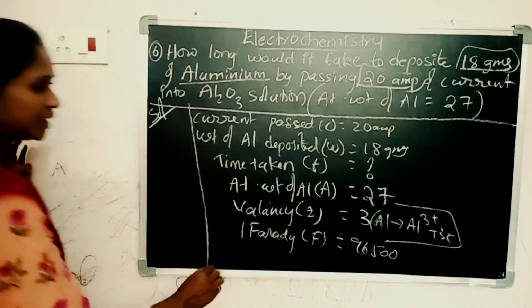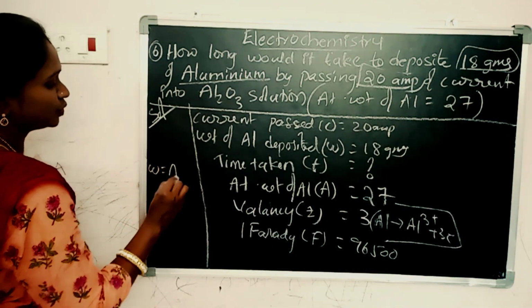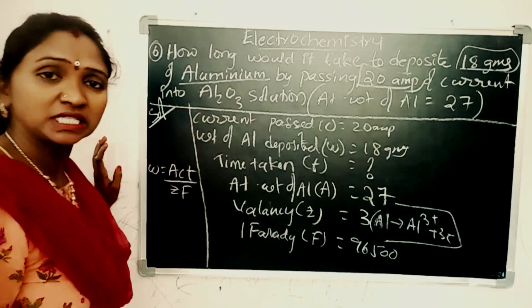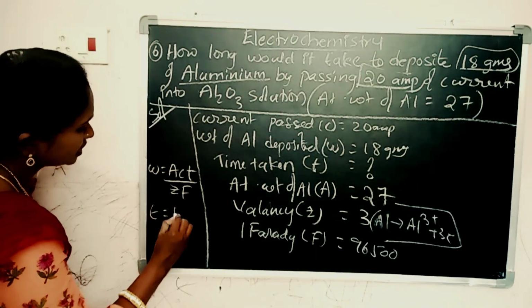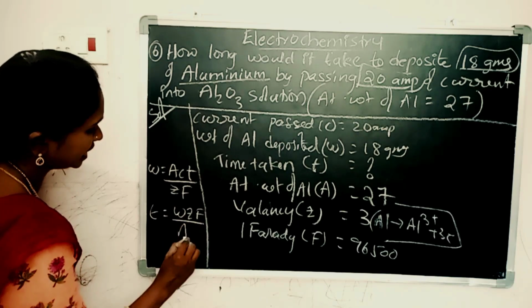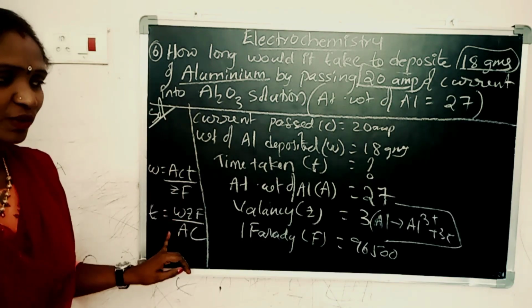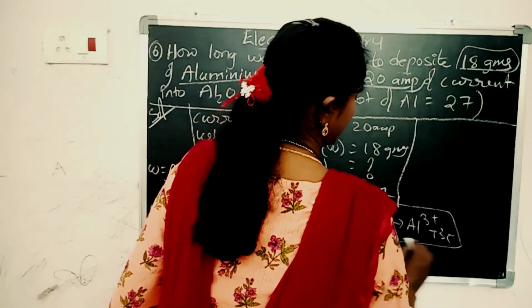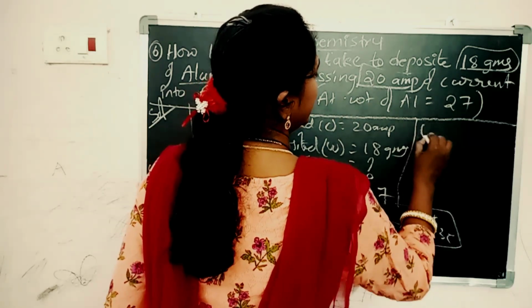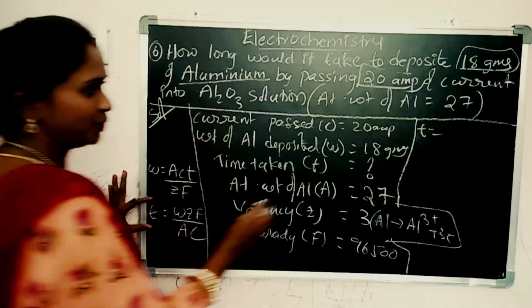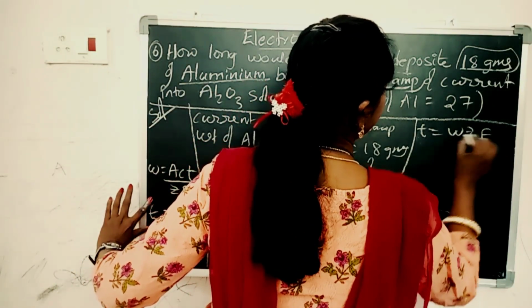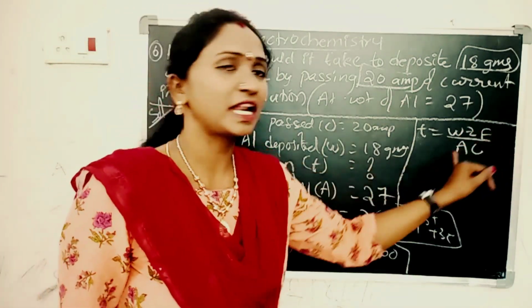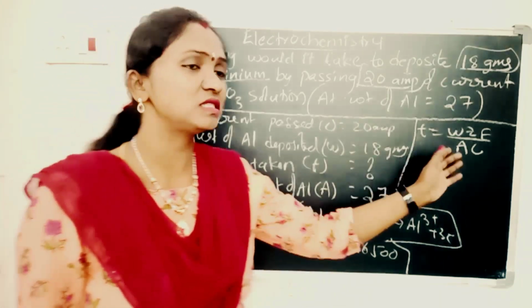Here we can use the formula W = ACT/ZF, but here we calculate T. So T = WZF/AC. We can place all these values in this formula.